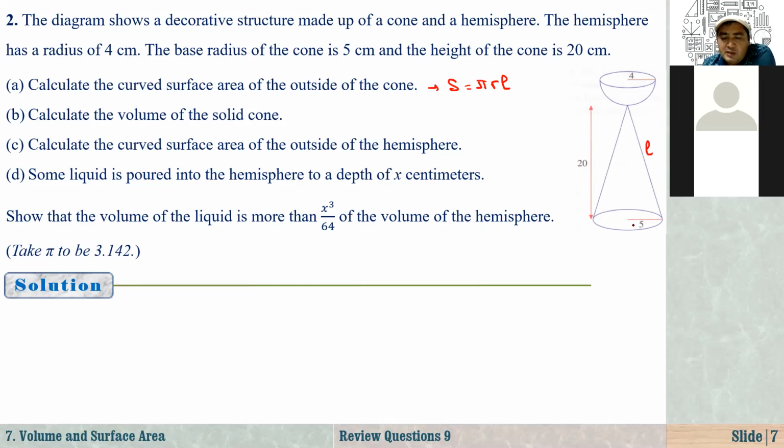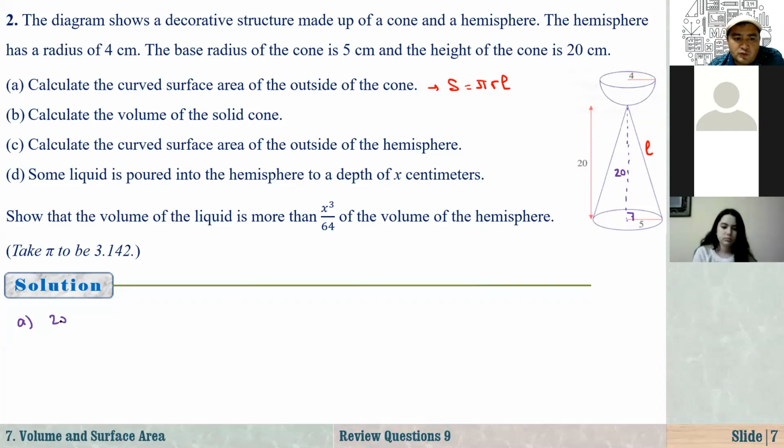We don't know. But actually, if I just drop a point from this to the center of the cone here, we will get a right angle triangle, right? And the height is given, that's equal to 20. Now from here, we can find L. So question A, what is L?